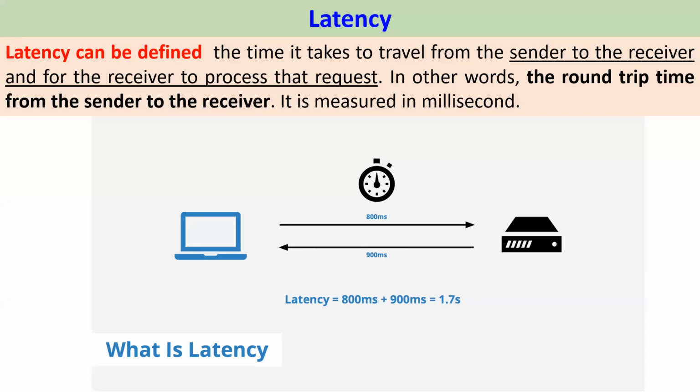Latency means the time taken to travel data from one end to the other end and vice versa. In other words, the total time taken to travel from one end to the other end and back is called latency.